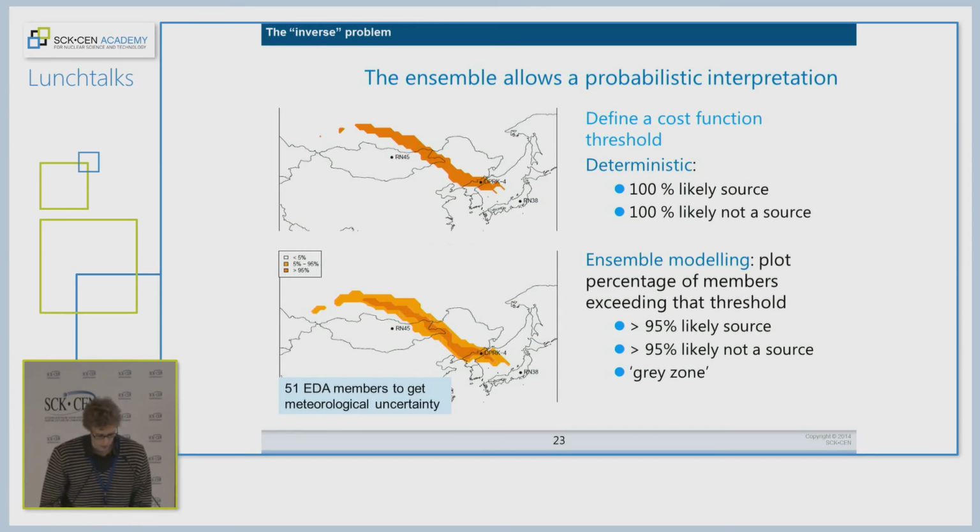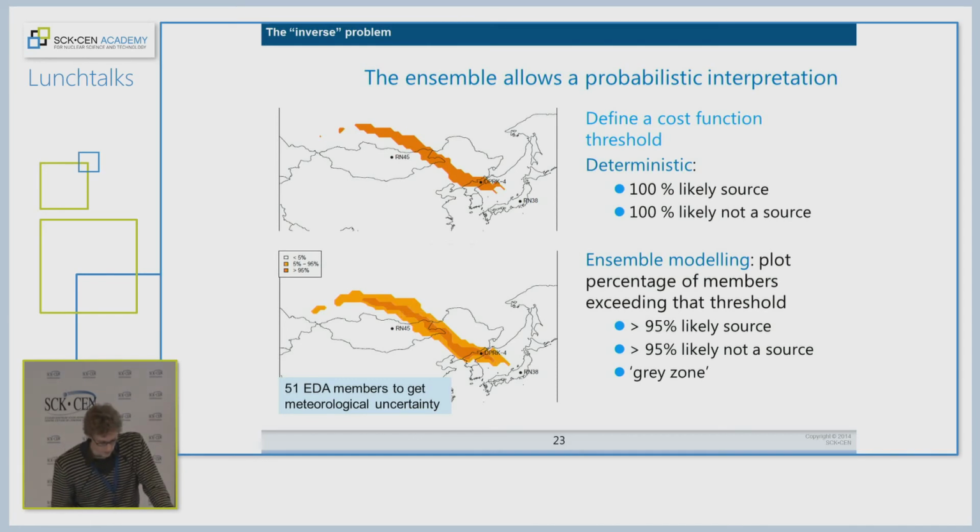We have the dark orange area, which are grid points where at least 95% of the ensemble members give that these areas are likely sources, or sources that are compatible with the observations. And the white area are areas where 95% of the ensemble members show that that area is not a likely source and is not compatible with the observations.